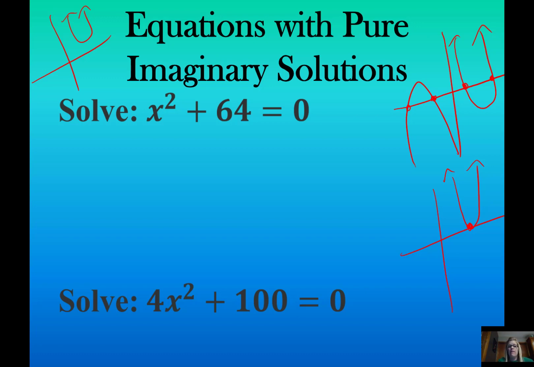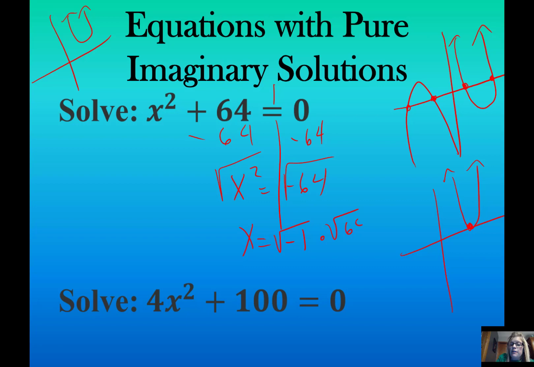How would that look? If I asked you to solve this, you'd be like, oh, I know how to do this, Miss Bradford. I would subtract 64 from both sides, and then I would have x squared equals -64. And to undo something that is squared, I take the square root of it, and then I would have x equals, ooh, Miss Bradford, that's a negative under that radical. That is a negative under that radical, but we learned that we can just pull out that -1, and that's going to turn into an i eventually, and then radical 64.